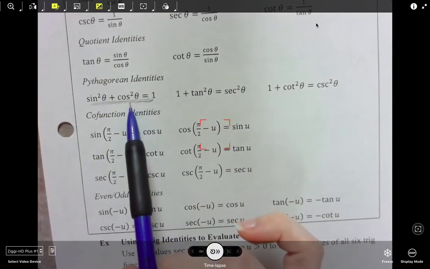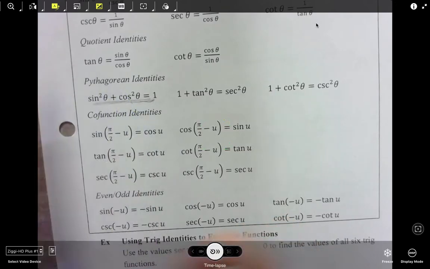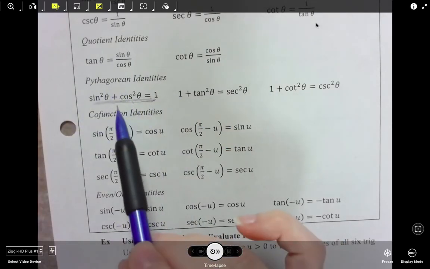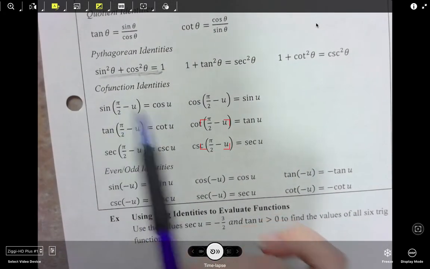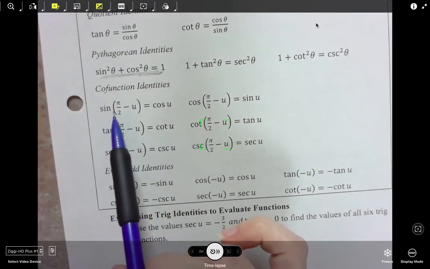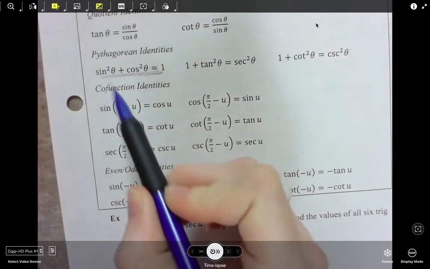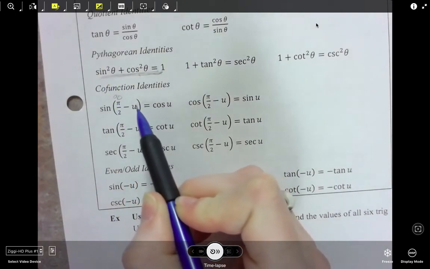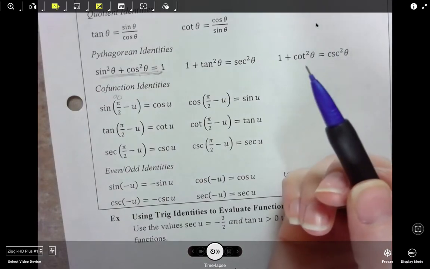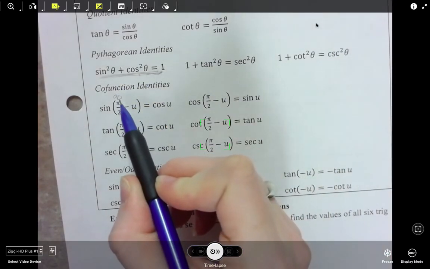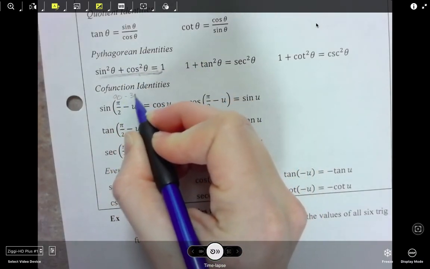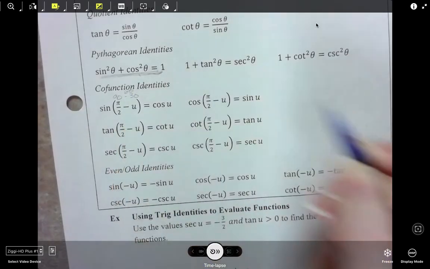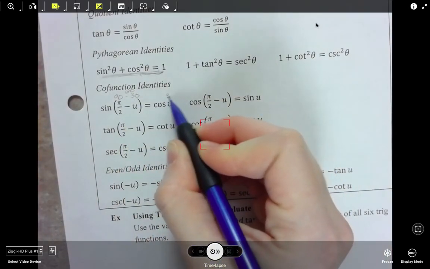I have a poster in the left corner of my room that says sine squared plus cosine squared equals 1. The cofunction identities are that sine of pi over 2 or 90 degrees minus any value u is the same thing as cosine of u. So like sine of 90 minus 30 degrees, which is sine of 60 degrees, is the same thing as cosine of 30 degrees.